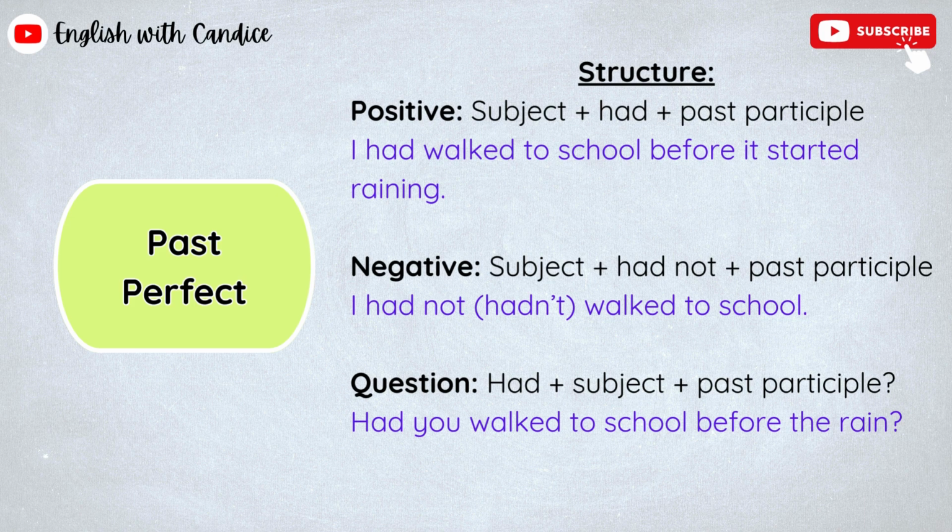For example, I had walked to school before it started raining. For negative sentences, we add not, like I had not walked to school. To ask a question, we start with had, followed by the subject and the past participle. So, had you walked to school before it rained?